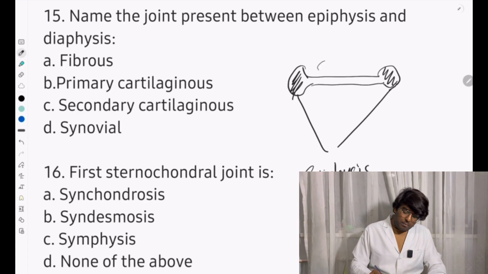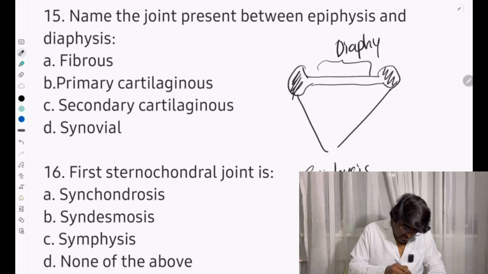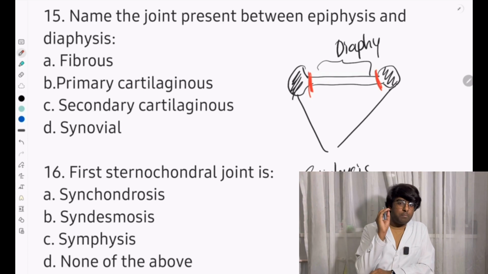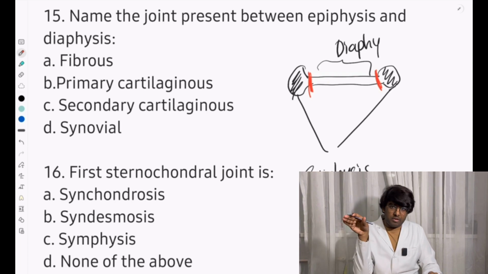The middle portion is known as the diaphysis, which you call the shaft of the bone. The epiphyses are the proximal and the distal ends of the bone. In between the epiphysis and the diaphysis there is an epiphyseal plate, a metaphyseal plate, and from here the bone gets elongated from the diaphysis of the body.